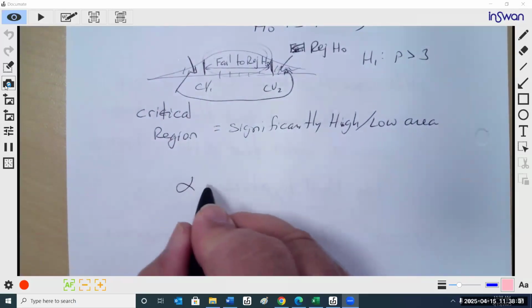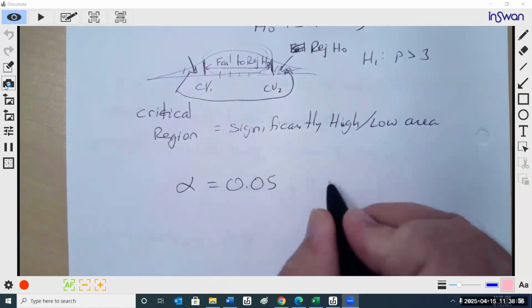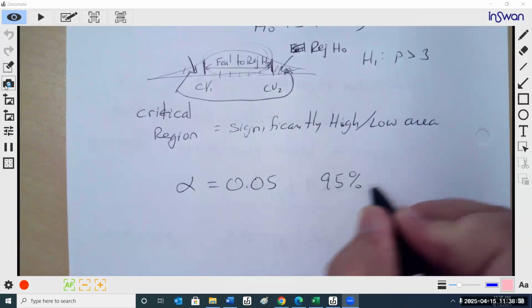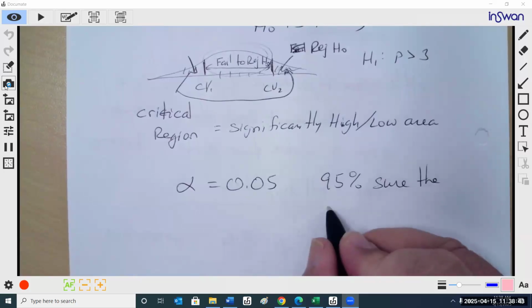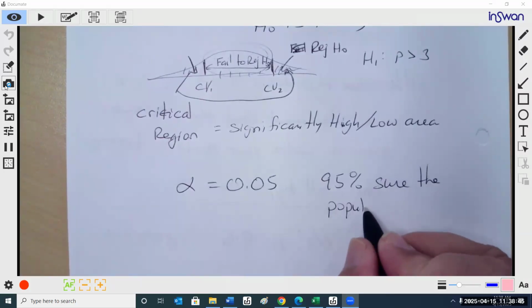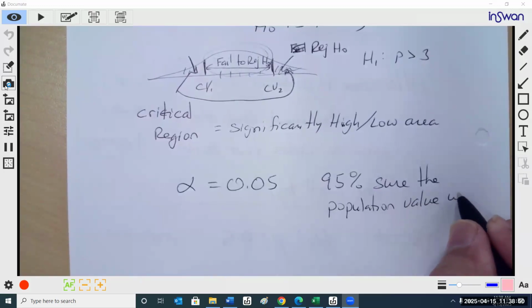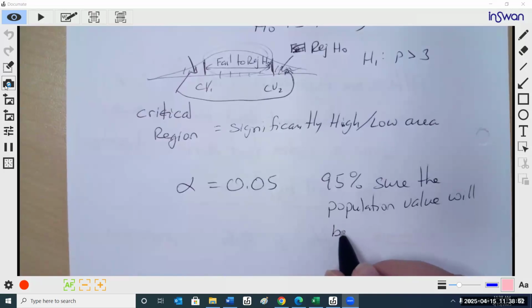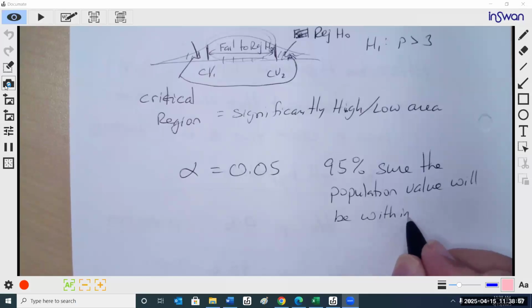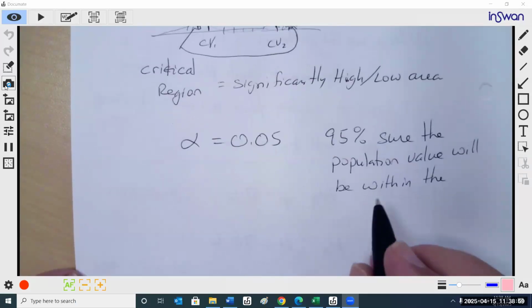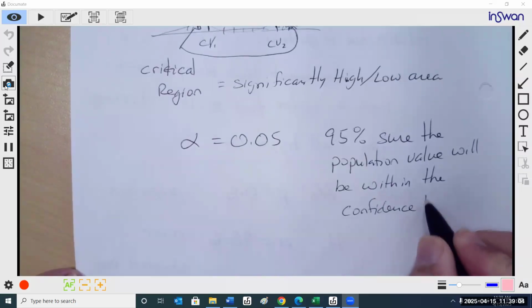So if alpha is 0.05, then we're 95% sure the population value will be within the confidence interval.